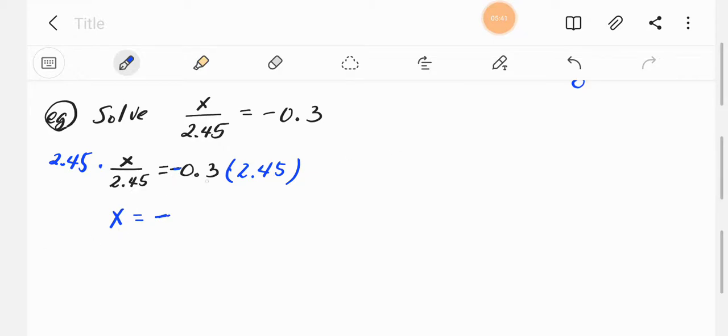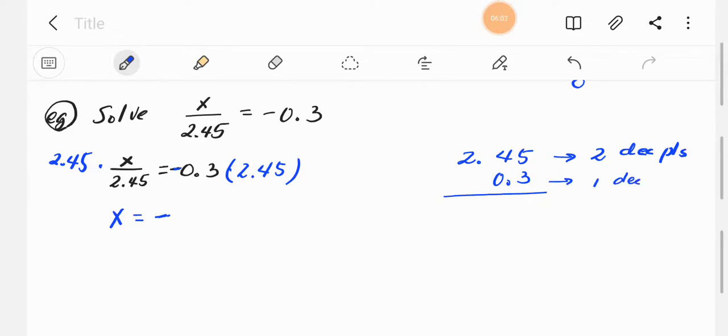So let's multiply these two numbers. 2.45 and 0.3. This one has how many decimal places? 2 decimal places. This one has 1 decimal place. The result has 3 decimal places. So let's multiply these two numbers.